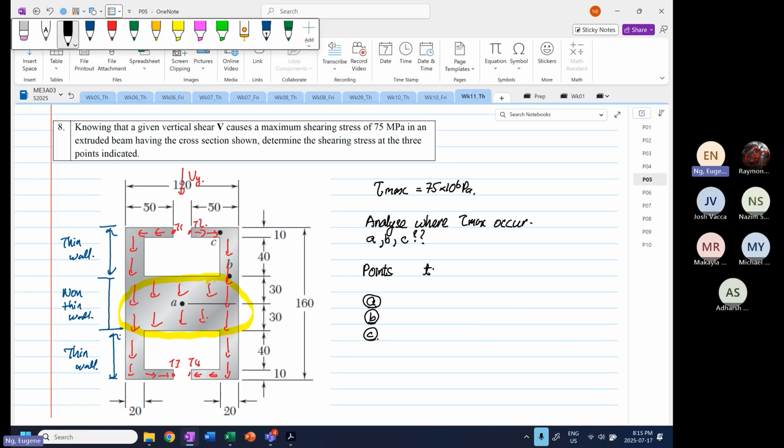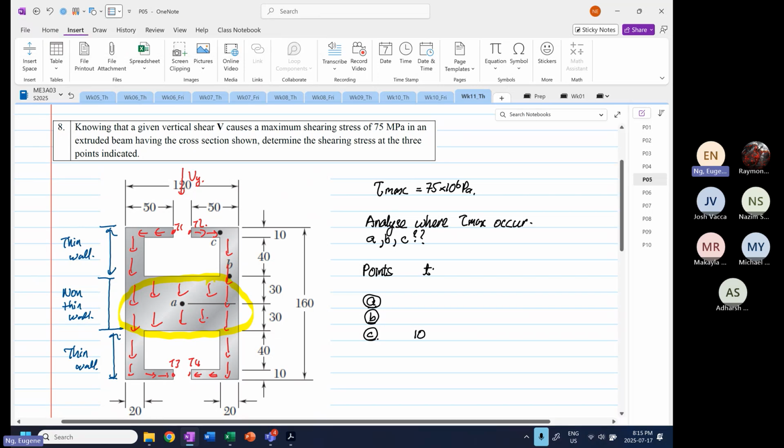So at point C, the thickness is 10 millimeters. At point B, the thickness is 20 millimeters. At point A, it is 120 millimeters.